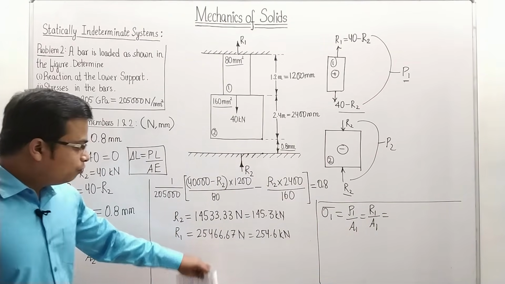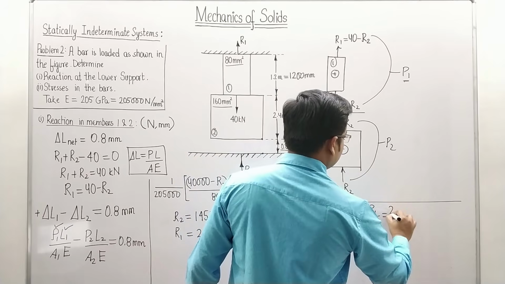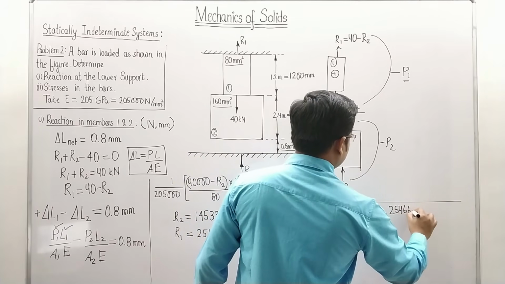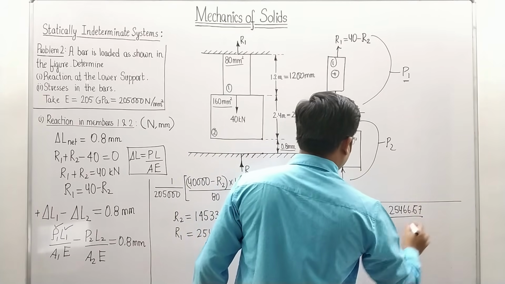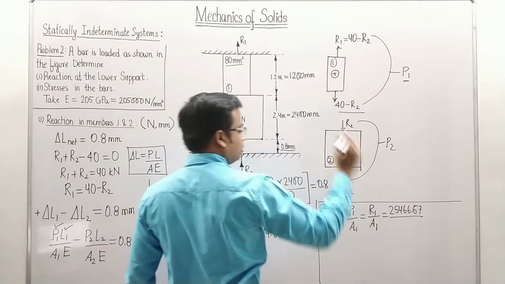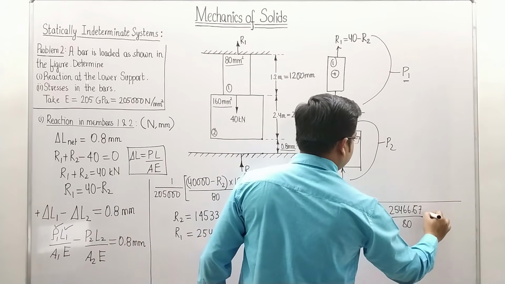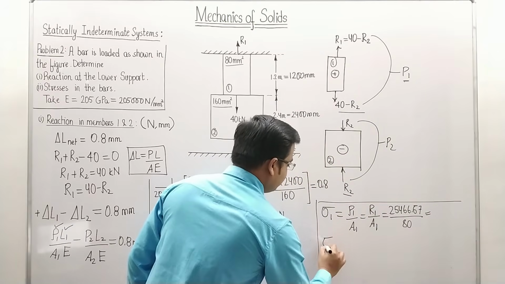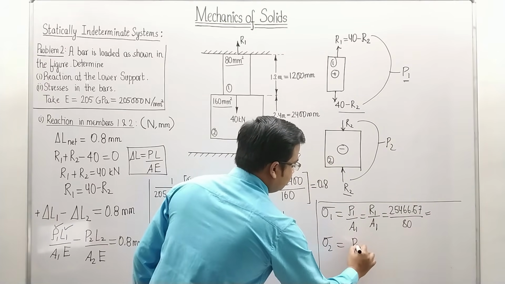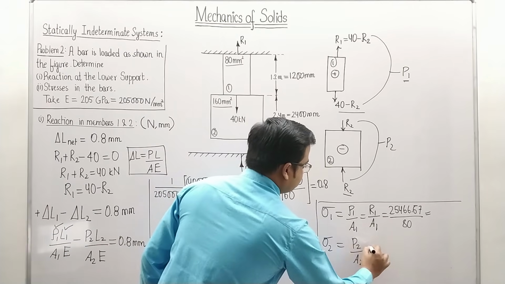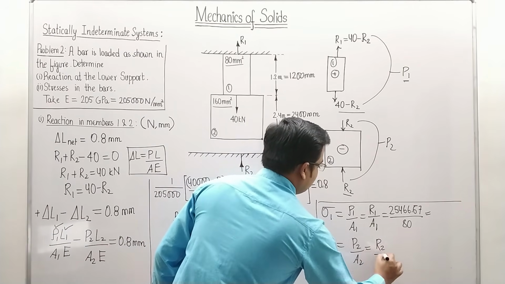R1 is 254.66.67 divided by area 1, which is 80. You get the value in Newton per millimeter square. Similarly, you will have the value of sigma 2, that is P2 over A2, which is R2 over A2.